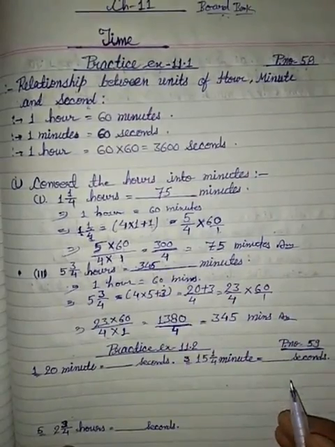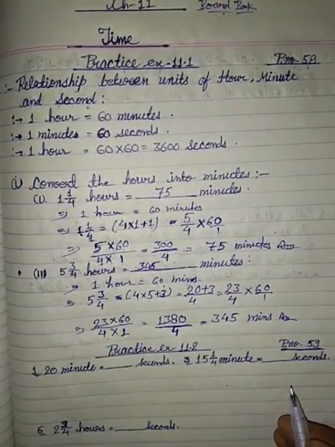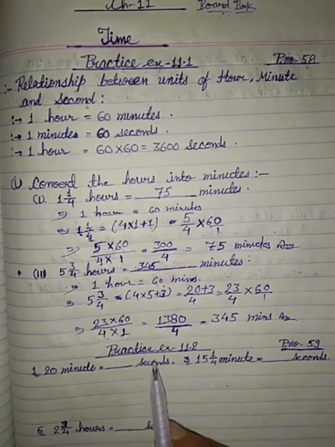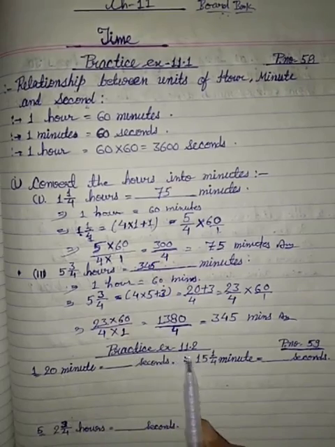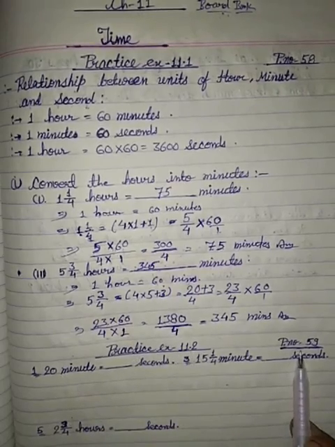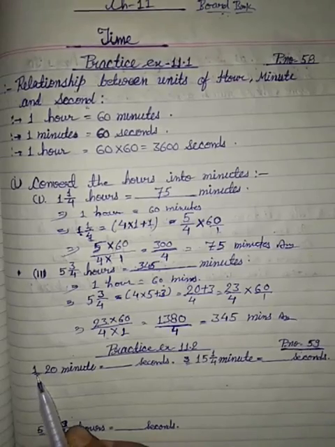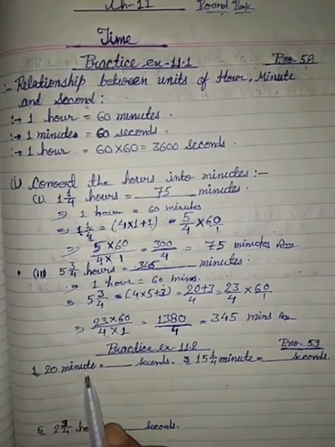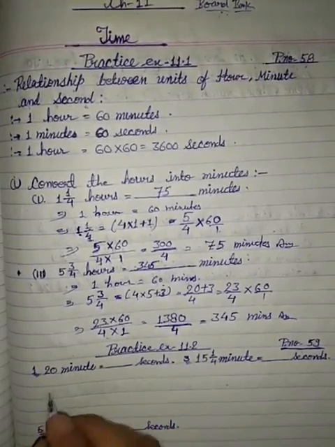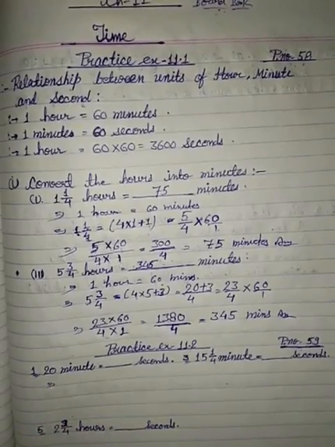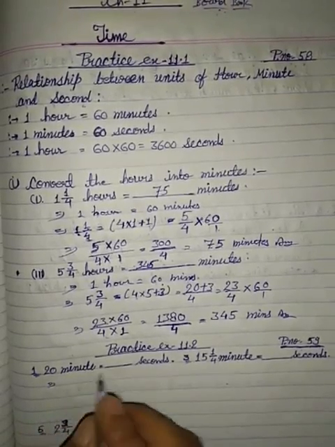Now we will also solve the questions in practice exercise 11.2 on page number 59. First part of this question, we have here 20 minutes in how many seconds? So again same process, 20 minutes and seconds.